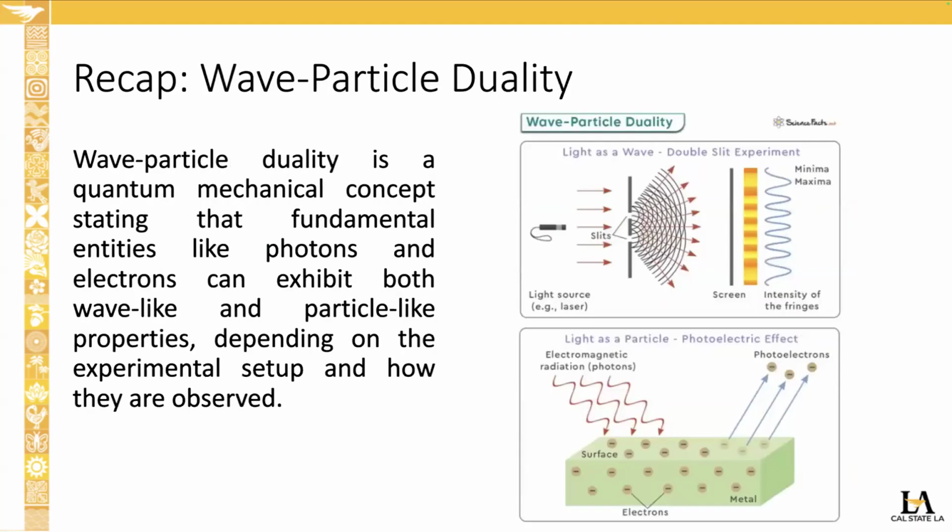And one thing that is very important, and it's a kind of motivation for the complex numbers that I'm going to introduce today, is this wave-particle duality concept that we have in quantum mechanics. There are so many excellent materials online.